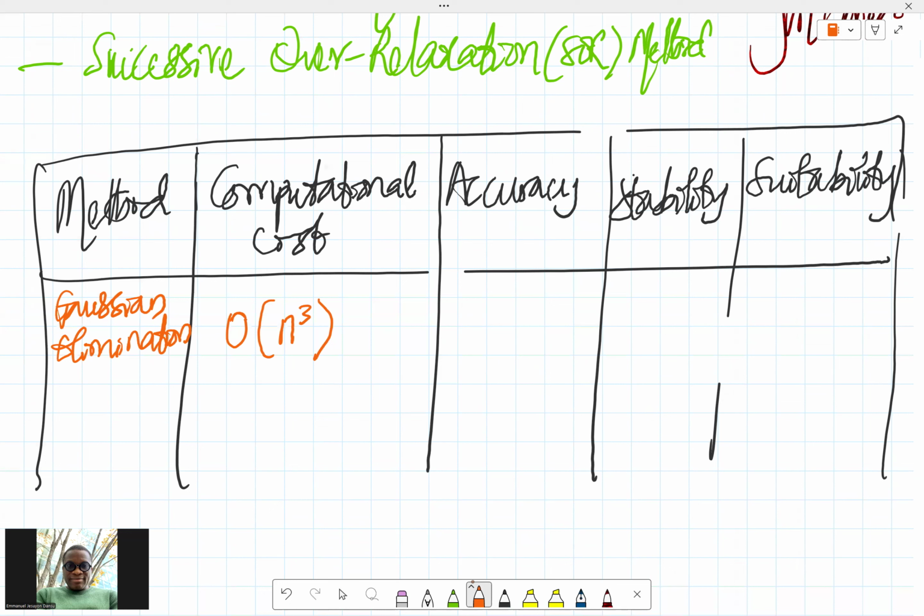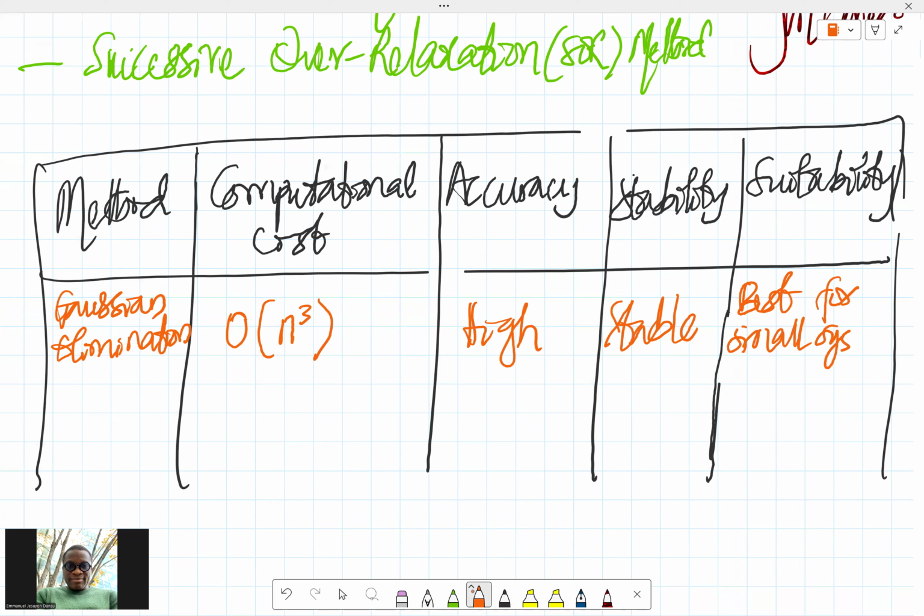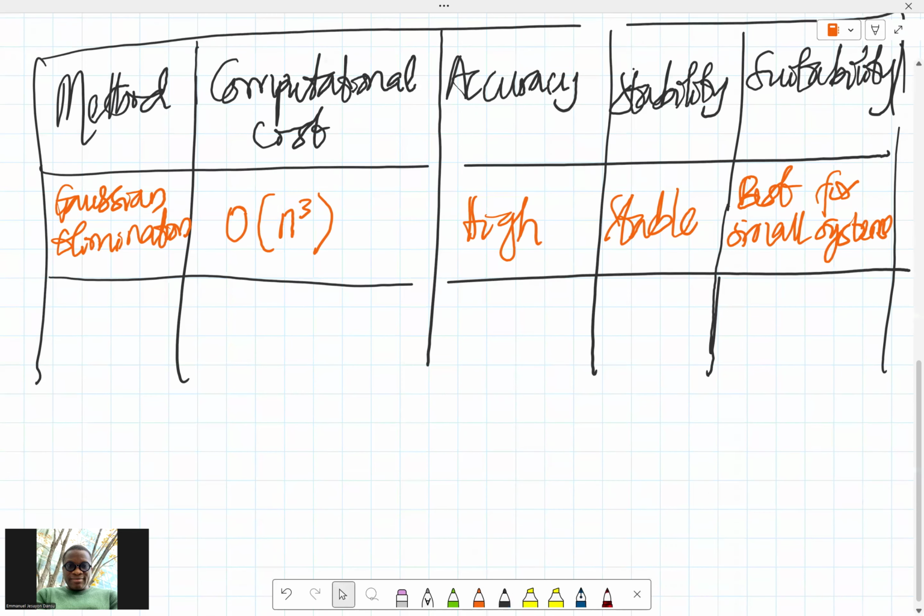So it is not linear, it is not quadratic, it is actually cubic. Then accuracy is high. Of course, you're assured of getting the exact answer. For stability, it is quite stable. And for suitability, it is best for small systems. So if the system becomes very large, it may not be so suitable anymore. That is about Gaussian elimination.